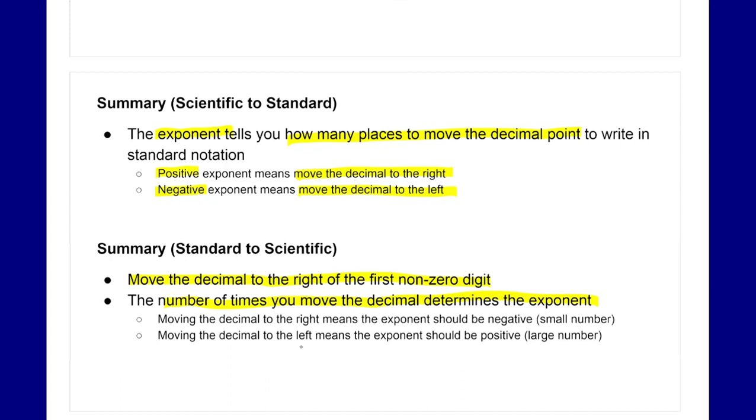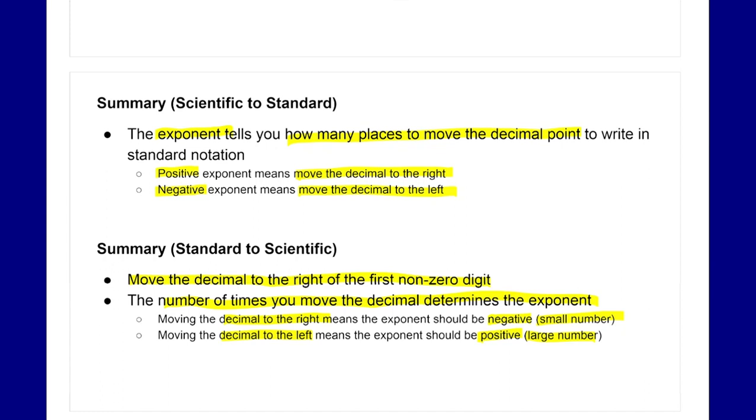Moving the decimal to the right means the exponent should be negative because it's a small number. Moving it to the left means the exponent should be positive because you're dealing with a large number. So it's flipped, it's opposite. When we're going from scientific to standard, if it's positive, we move to the right, negative to the left.